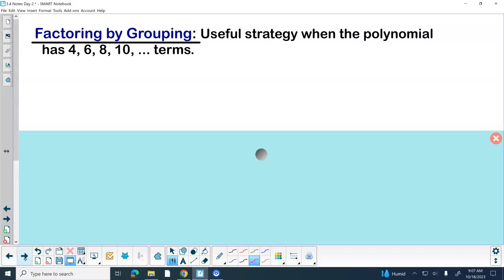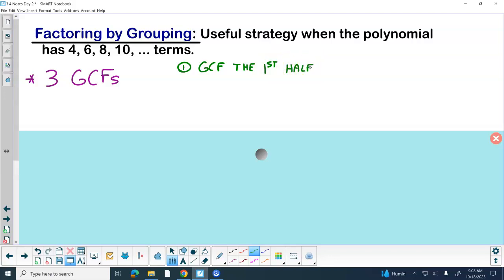And how it works out is it is simply 3 GCFs. You're going to GCF the first half.